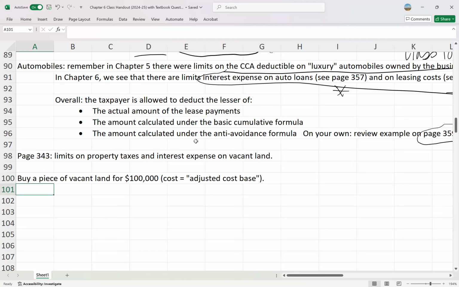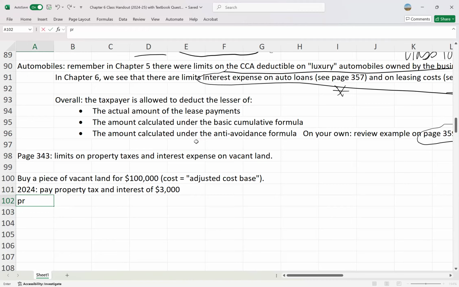Let's say they're planning to maybe build a head office on it at some point, but it's vacant. In 2024, they pay property tax and interest of, let's say, $3,000.